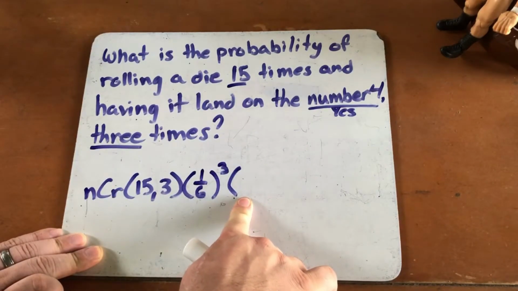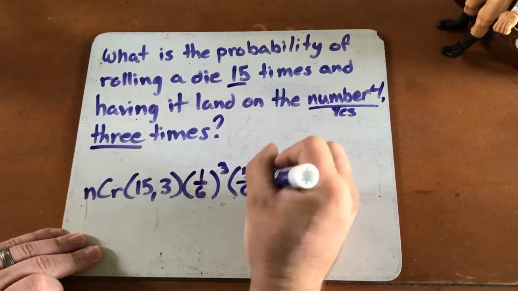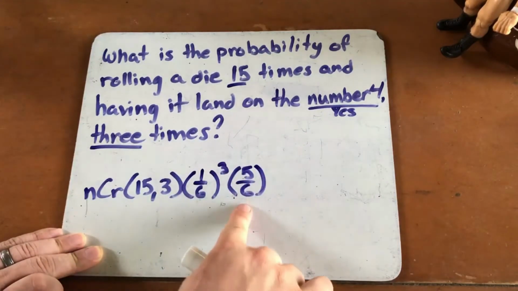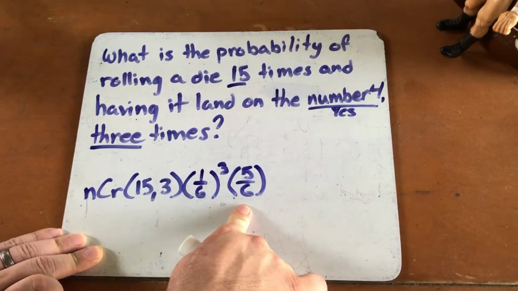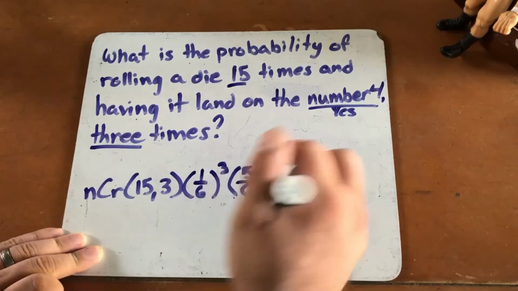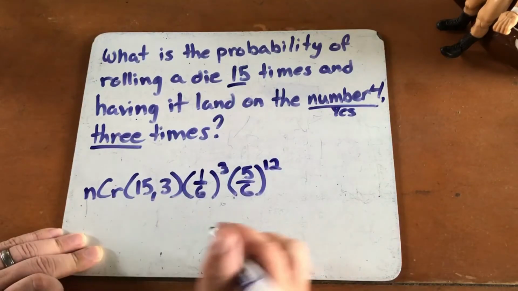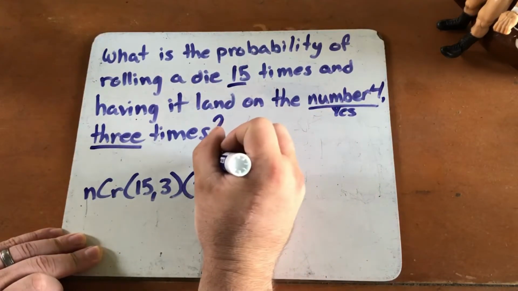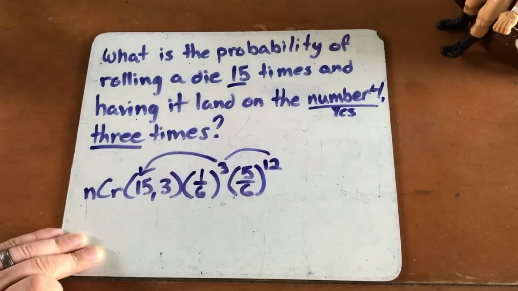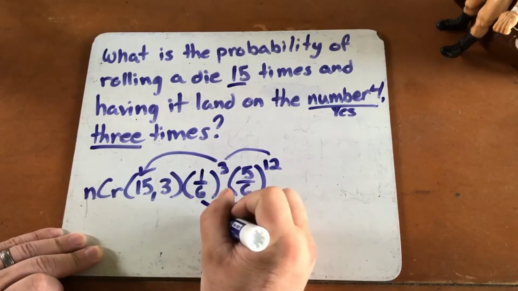We can do 1 minus 1/6, which gives me 5/6. There are 5 numbers that are not 4s on a die. If I only want 3 of them to be 4s, that means that 12 out of the 15 are not 4s. An important thing to remember is that these 2 numbers always equal the total number of events, and these 2 probabilities always equal 1.